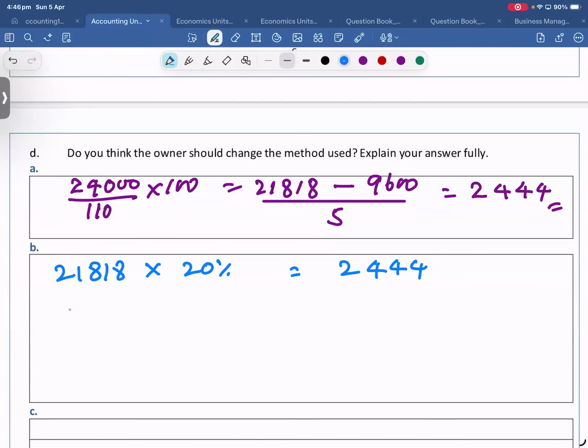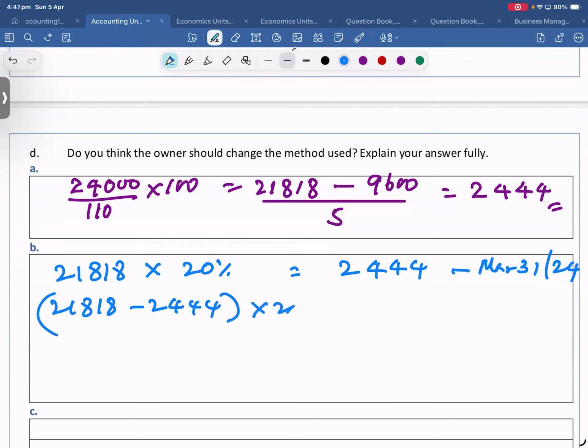And then this is for March 31st, 24. Then what do you do? 21,818, take away 2,444. This one times by 20%.